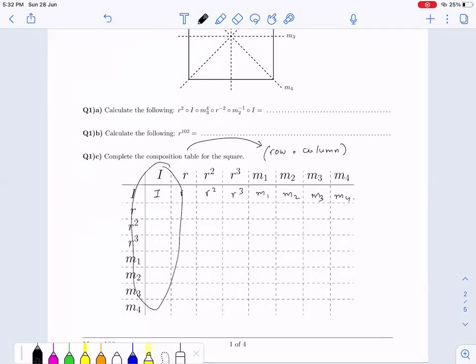Similarly, this column here would also be the same, because R composed with I, R squared composed with I, and so on would also result in the same composition. So you have R squared, R cubed.